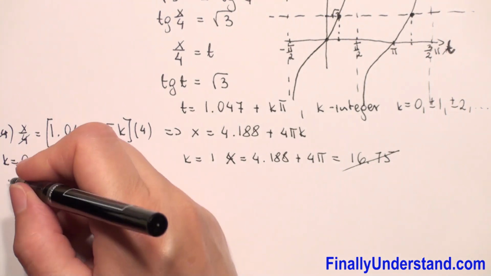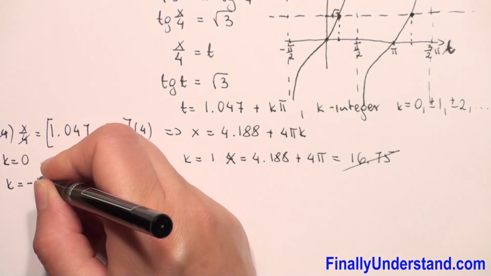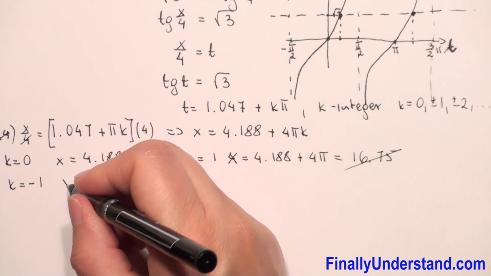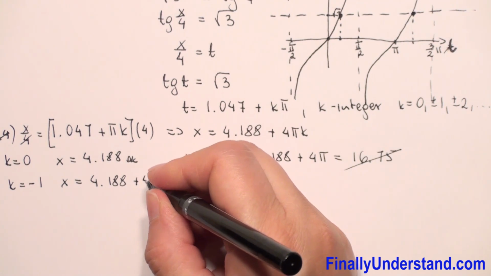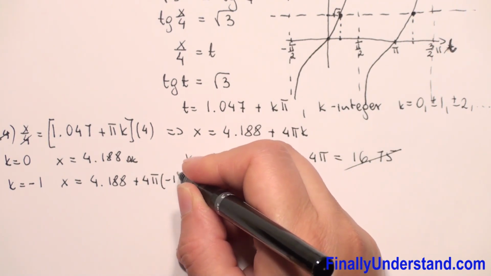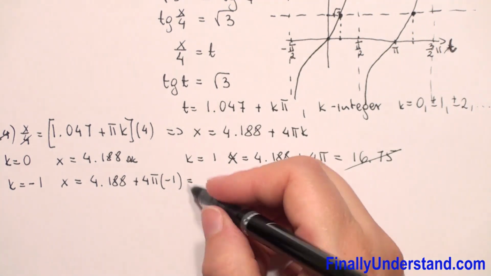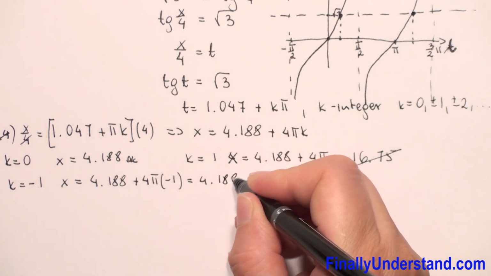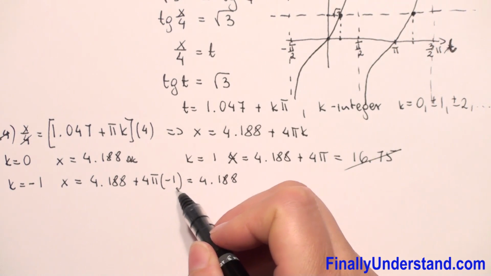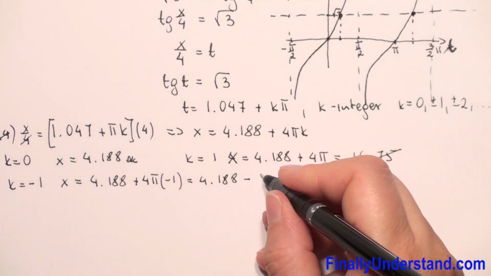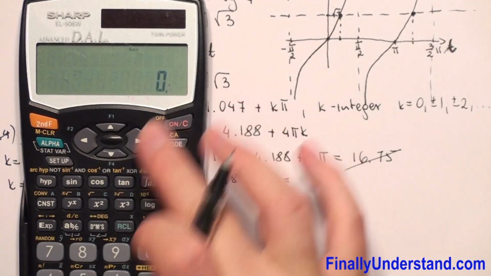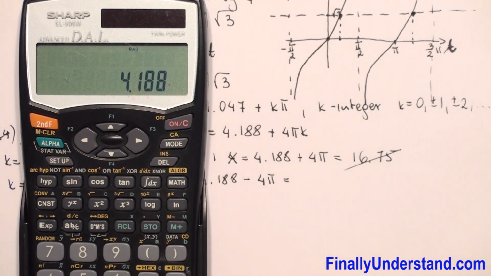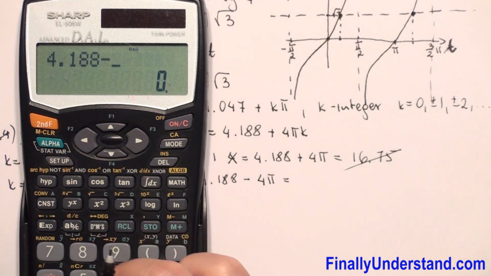Next, let's check for k equals -1. We will have x equals 4.188 plus 4 pi times -1. Positive and negative will be negative 4 pi. This is equal 4.188 minus 4 times pi.